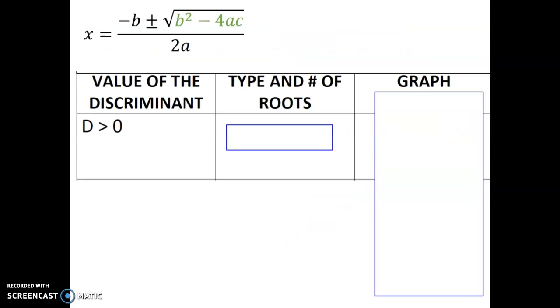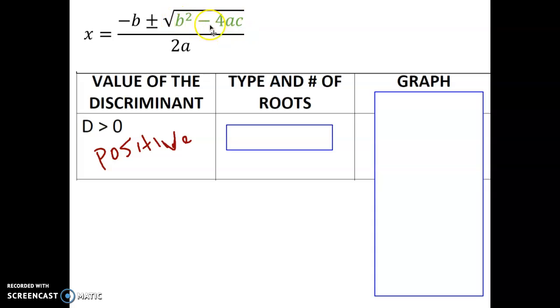Okay, so let's see what the discriminant value does. When I type this part into my calculator or I work it out using order of operations, if I get a number that is greater than 0, that is to say I get a number that is positive, well, what does that mean for my quadratic? Let's look up here at the quadratic formula.